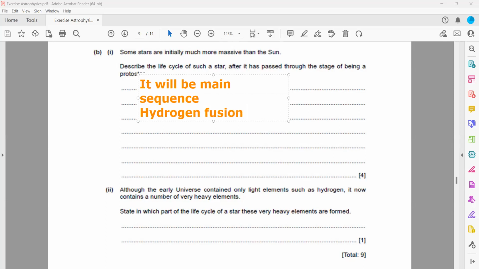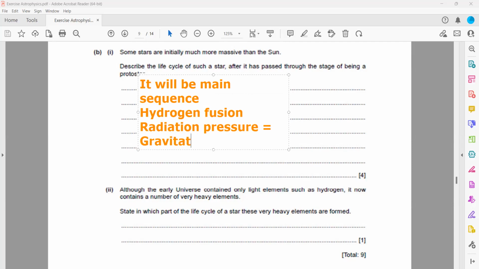As a result of hydrogen fusion, the radiation pressure will be equal to the gravitational force, and the size of the star won't change at that point.